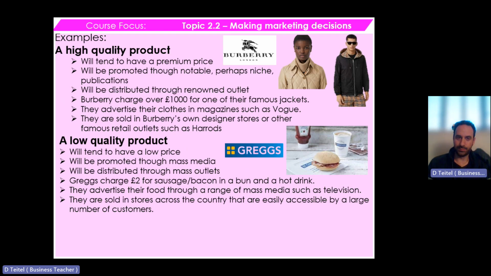But a low quality product will tend to have a low price and will be promoted through mass media. What we mean by mass media is kind of everywhere: billboards, you see them on buses and things like that. It will be distributed through mass outlets. Greggs charged £2 for the sausage or bacon in a bun and a hot drink. They advertise their food through a range of mass media such as television. They're sold in stores across the country that are easily accessible by a large number of customers.